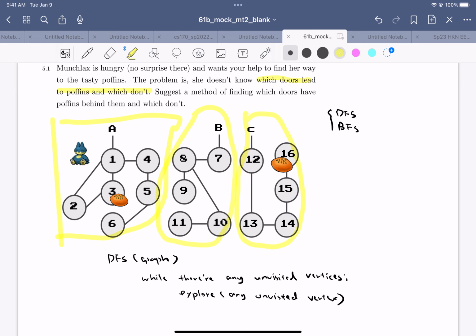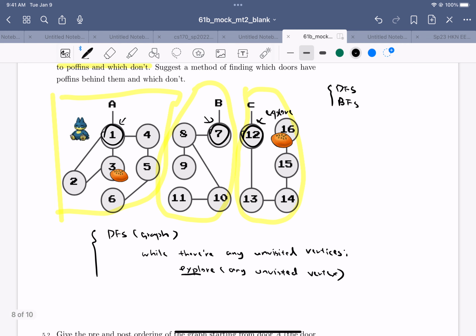There's no edges between them, right? So we need to call our explore function on vertex 1, vertex 7, and vertex 12. And after we use this strategy, we can traverse the entire graph, right?